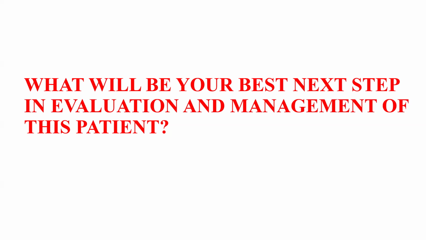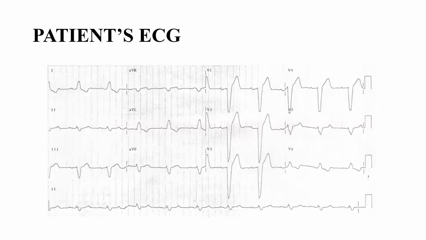In terms of stress echocardiogram, it's also a good option to evaluate your patient. However, the caveat is that for treadmill stress test, your patient has a baseline left bundle branch block, and so interpreting treadmill stress echocardiography has a limitation.